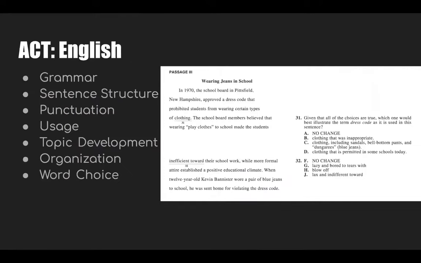So the first one we'll be looking at is ACT English. The ACT English tests grammar, sentence structure, punctuation, usage, topic development, organization, and word choice. There's no set amount of each of those questions. It's all random, and there's no order.